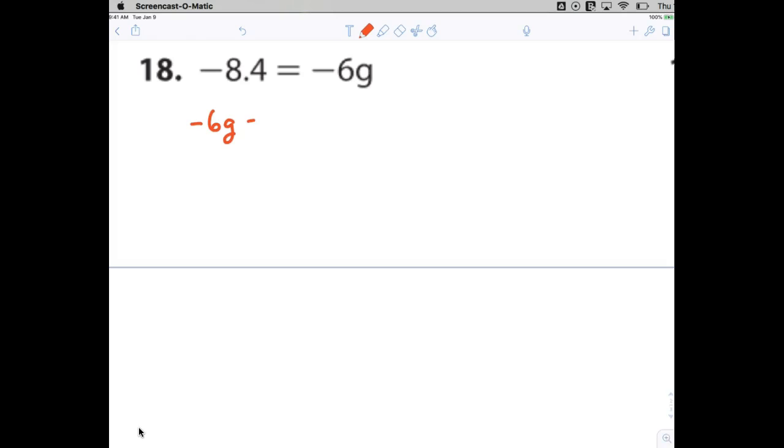Negative 6g equals negative 8.4. Ian, what do I have to do? Divide by what? Divide by negative 6.